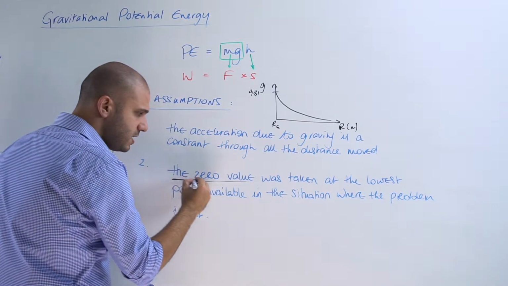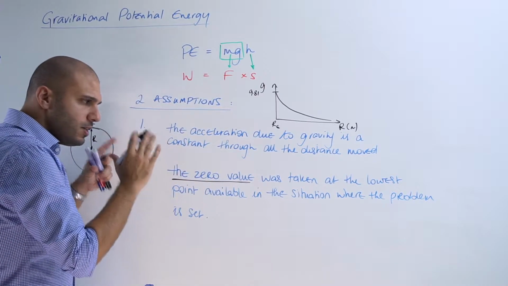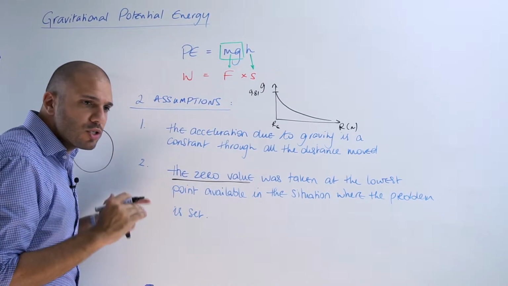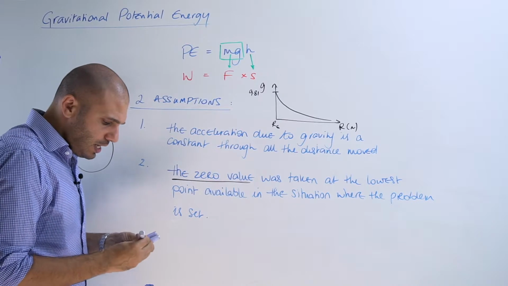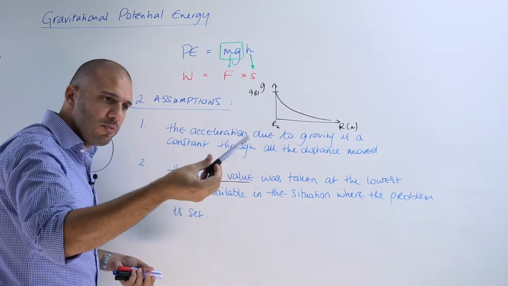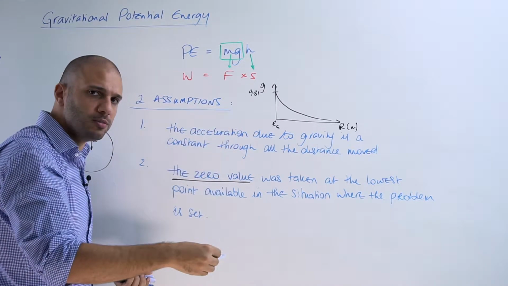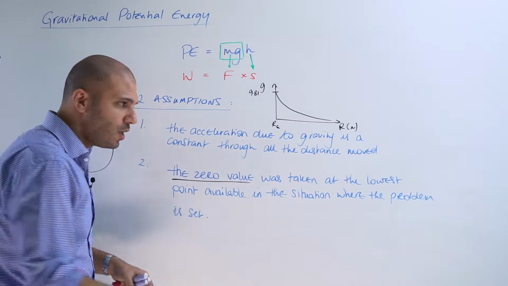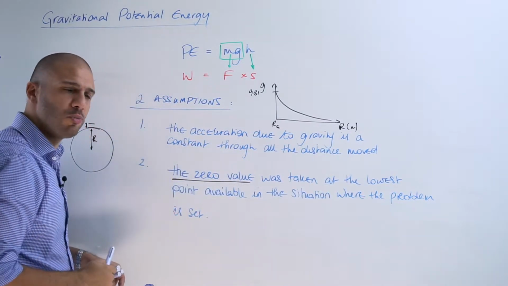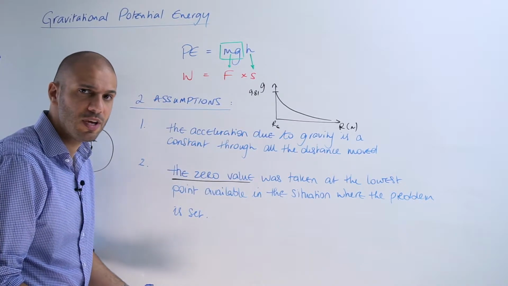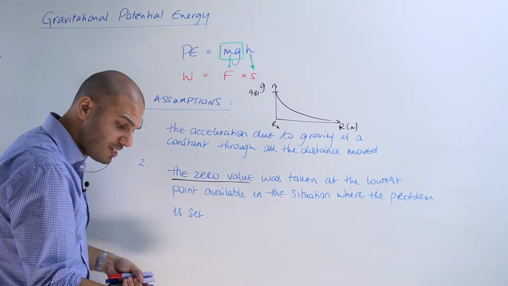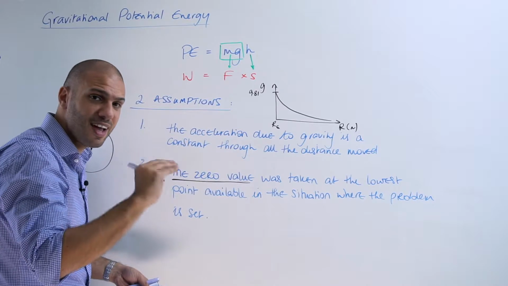So about this zero value, this was always taken at the most convenient point, meaning if I simply dropped this marker to the ground, with the ground being the lowest point available in this particular situation, that is the height I choose to set at zero.